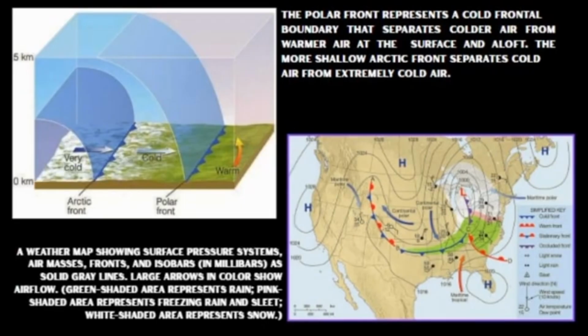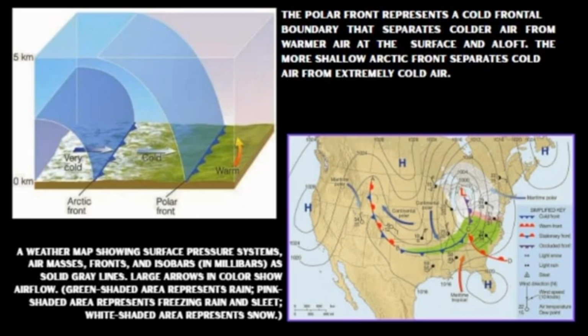As you can see here in the illustrations, the vertical extent of two frontal zones, the polar front and the Arctic front. The polar front boundary, which extends upward more than 5 kilometers, separates warm, humid air to the south from cold polar air to the north.